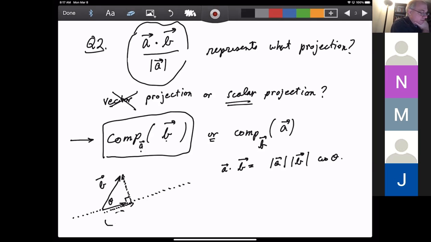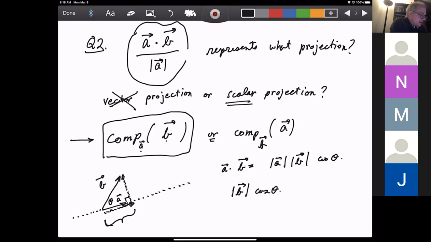Now, what do we know about this component that is parallel to A? Well, the vector B makes the hypotenuse of the triangle, so the length of that is the length of the vector B. And we know from trigonometry, because this is a right triangle, that the length of this piece here is exactly the length of B times cosine of this angle theta, right?